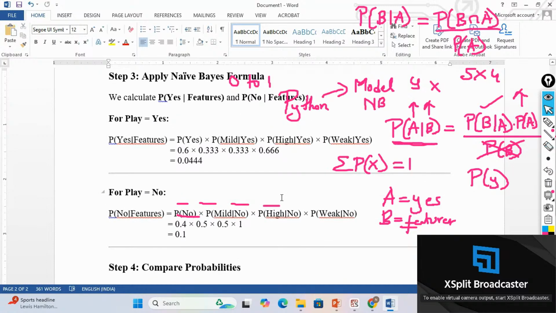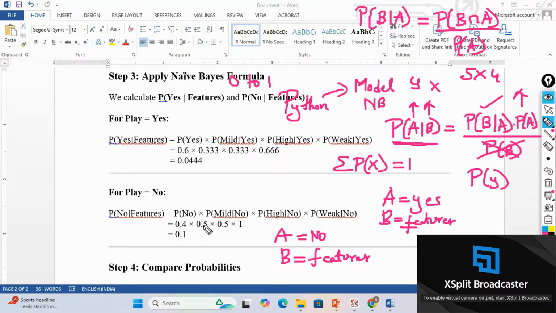Now let us do the same for play being no. What if I substitute play equals no? In this case, A is no and B is nothing but the features. That is what we have replaced.